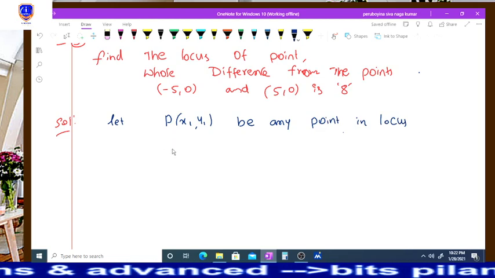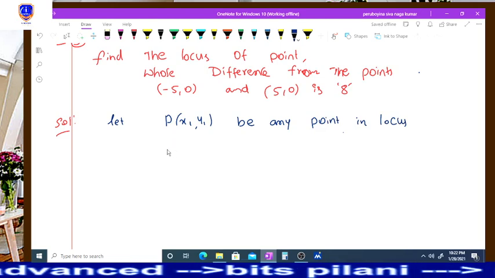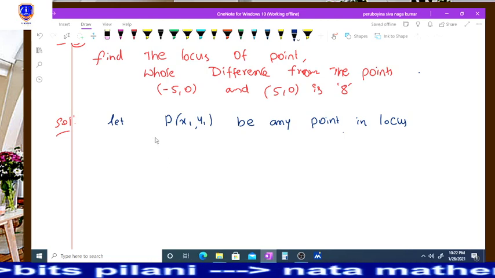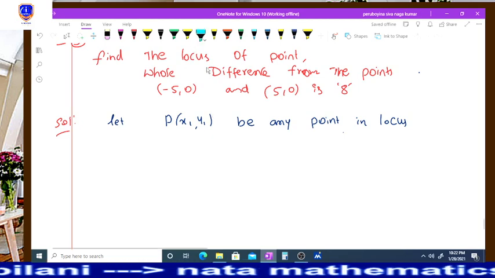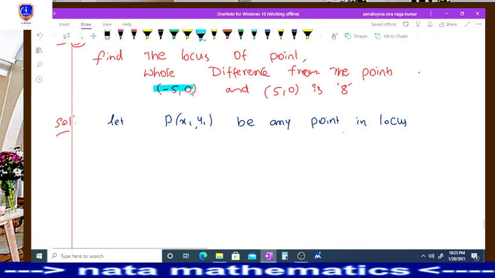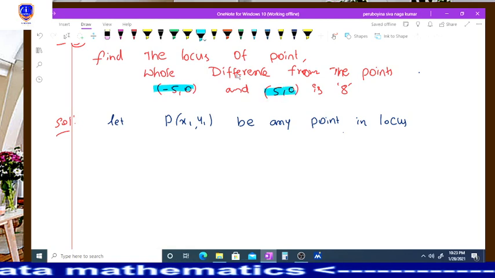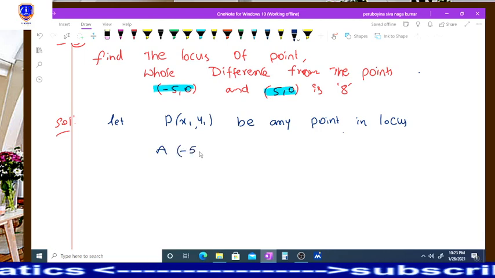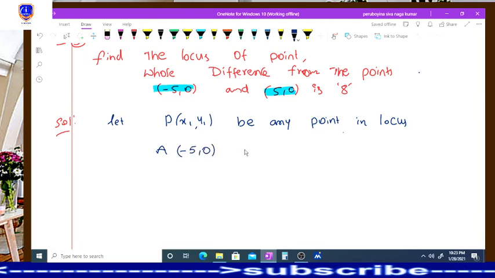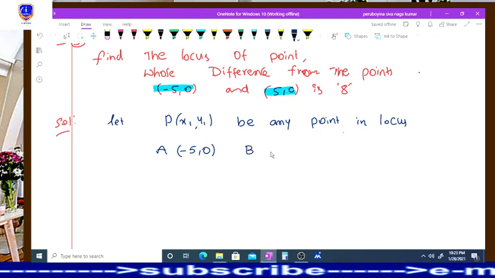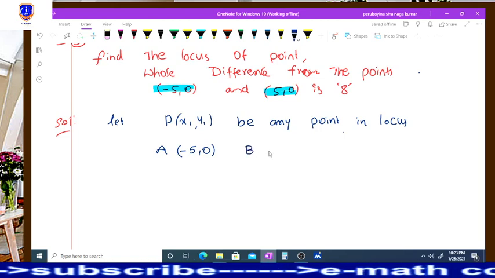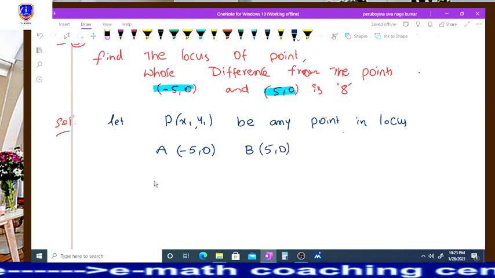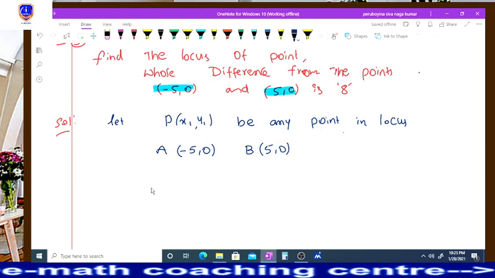Later we have to mention the given points in the question. So the question contains 2 points. The first one, minus 5 comma 0, simply write down as capital A minus 5 comma 0 and capital B 5 comma 0.